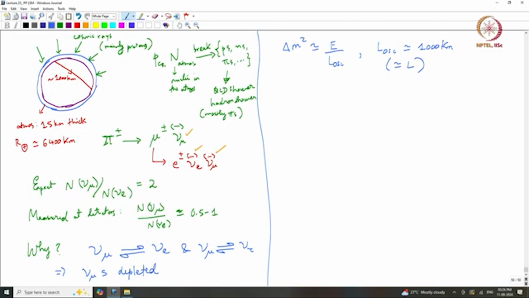We are asking whether that typical chord length is also a good oscillation length. If so, we'll see the probability of conversion the most, and in that process we can also measure delta m squared.